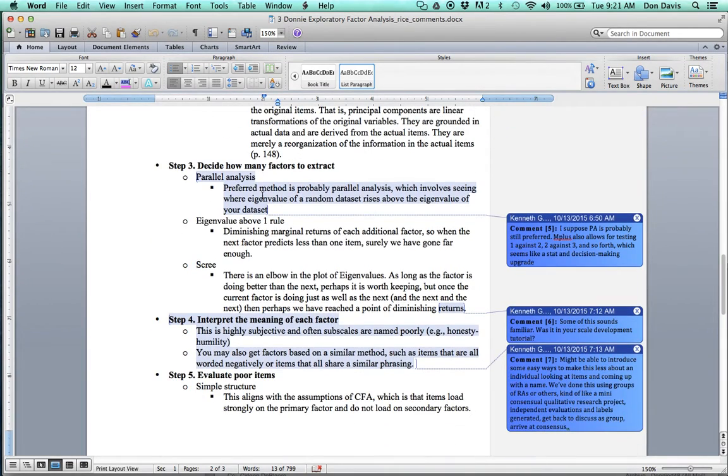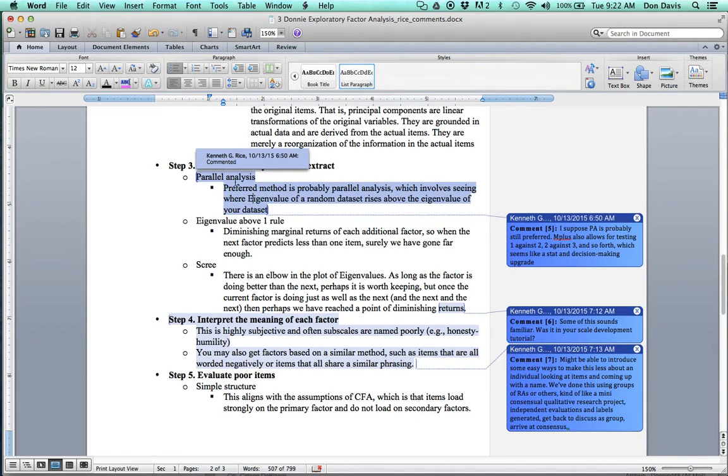So deciding how many factors to extract is an important decision, and parallel analysis is still probably the preferred method. The logic is you're comparing the eigenvalues, and eigenvalues represent how much variability each factor is explaining in the total set of items, and there's a point at which a random data set is doing better than the eigenvalue for your scale, and that's a point where you're like, what's the point?